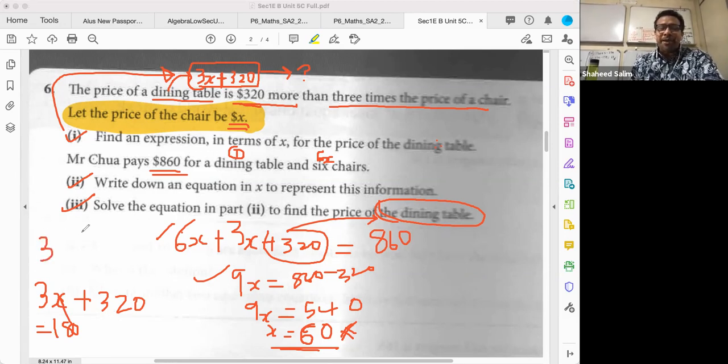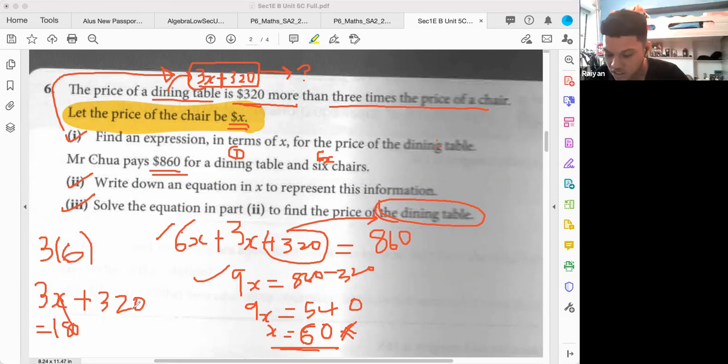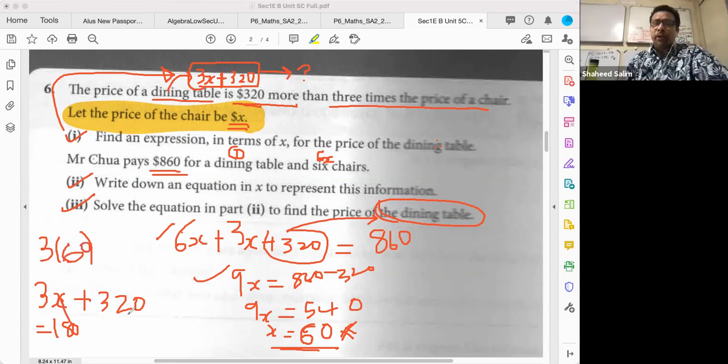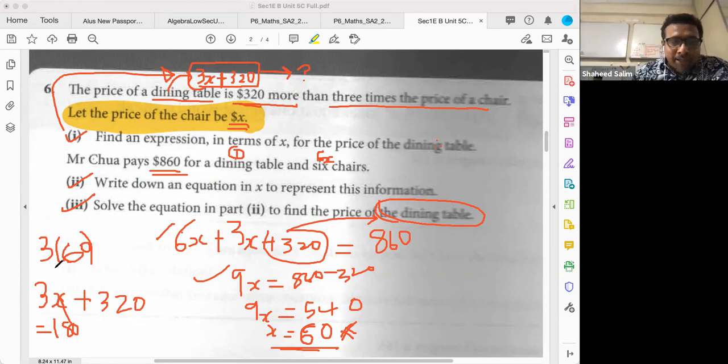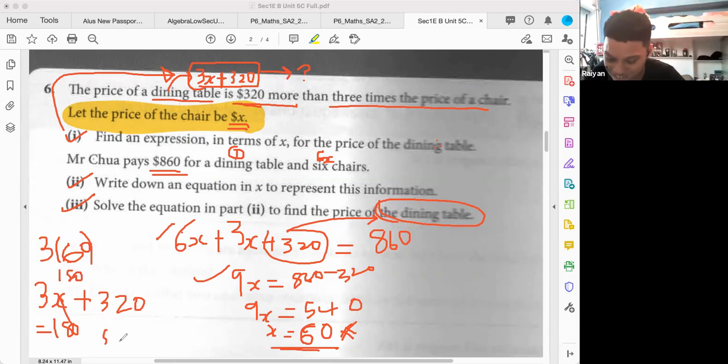You got to put in the value, remember, substitution, not times by. 57600? That's too big. So 3 times 60 is 180. 180 plus 320, you will get $500. Yeah, 500.